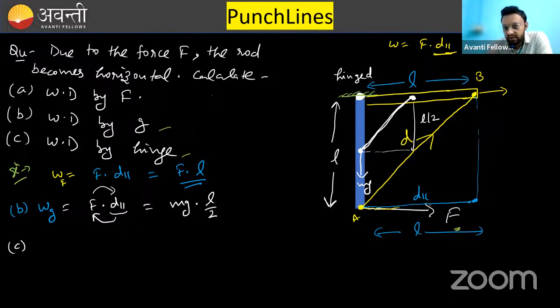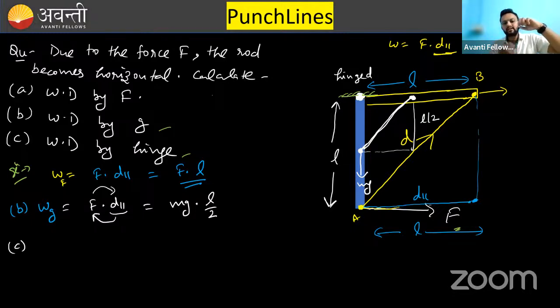Work done by hinge, if you notice, this point is the hinge now. This hinge will apply, if I hold this pen like that, then my finger must be applying some force on the pen. But what I'm saying, if this pen is moving like that, is the point of contact moving? You can check that. Is there any displacement of the point of contact?